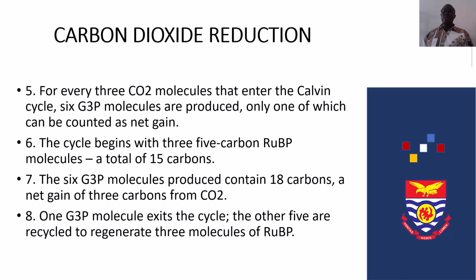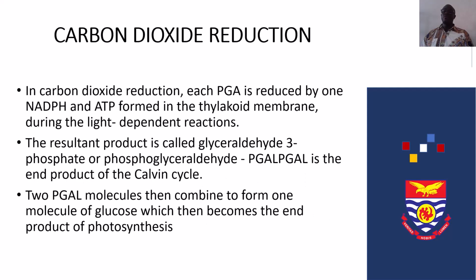The 6 glyceraldehyde 3-phosphate molecules produced contain 18 carbons, a net gain of 3 carbons from carbon dioxide. One G3P molecule exits the cycle. The other 5 are recycled to regenerate 3 molecules of ribulose bisphosphate.